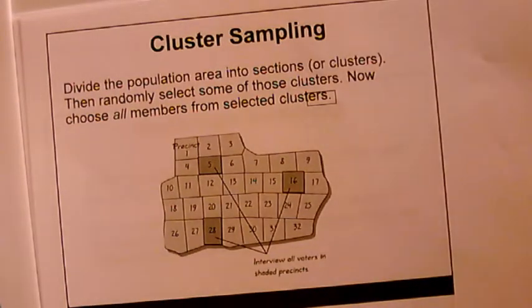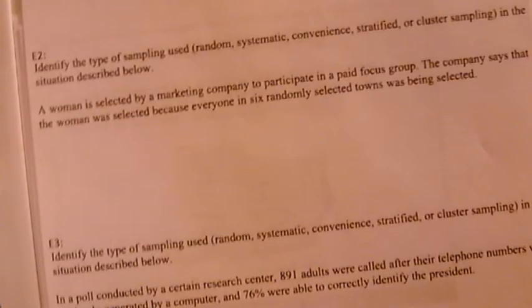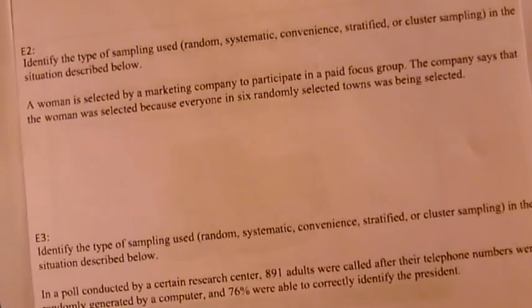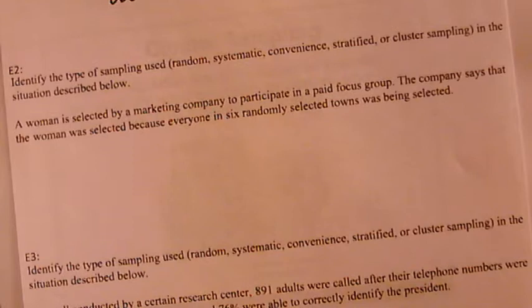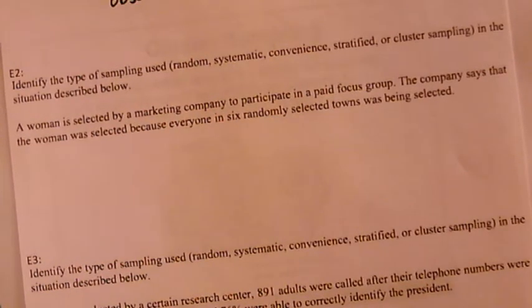Now let's look at some examples. We want to identify the type of sampling used, whether it's a random sample, systematic sample, convenience sample, stratified, or cluster sampling in the situation described below. Example E2: a woman is selected by a marketing company to participate in a paid focus group.